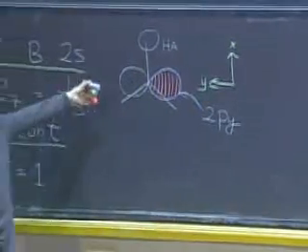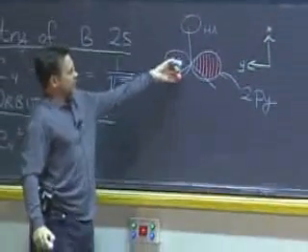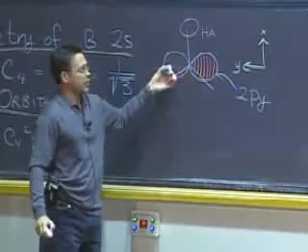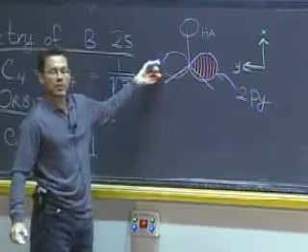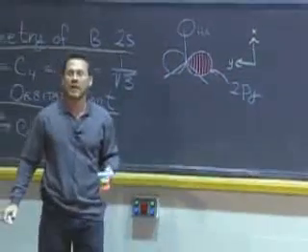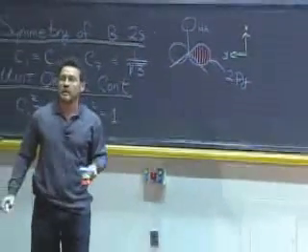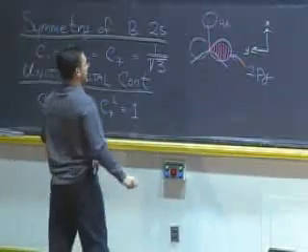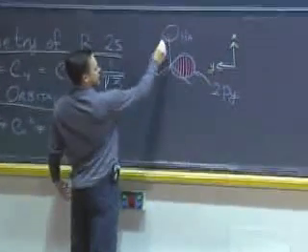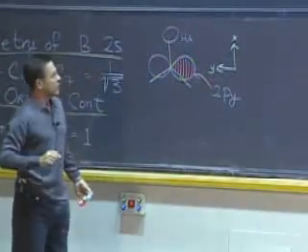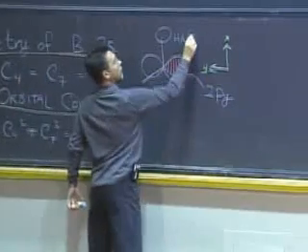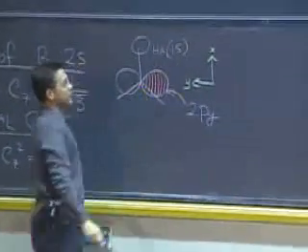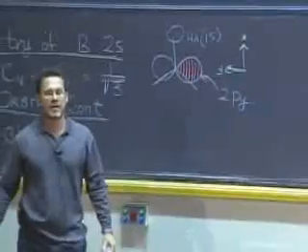That 2p orbital lies in the xy plane, and it points along y. Its positive lobe, in fact, points along positive y. Its negative lobe points along negative y. And what can we say about the relationship of HA 1s orbital to the 2p orbital of that central boron atom?